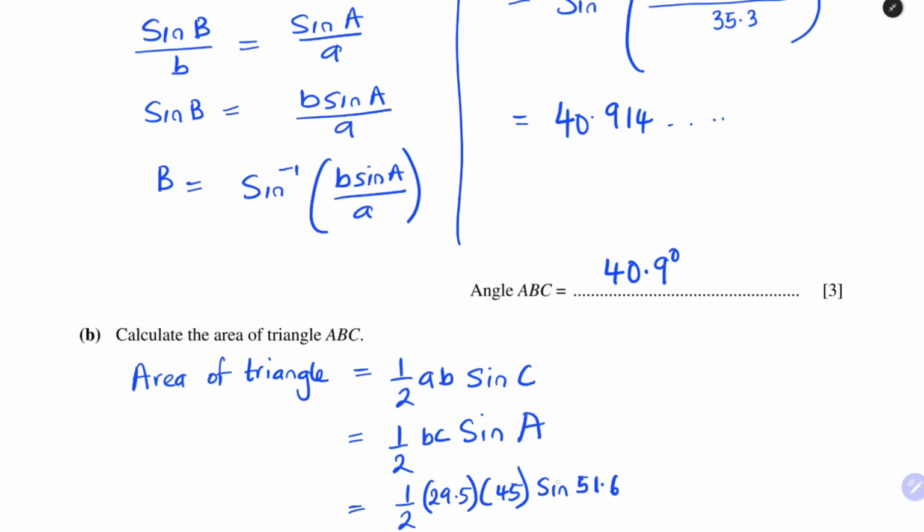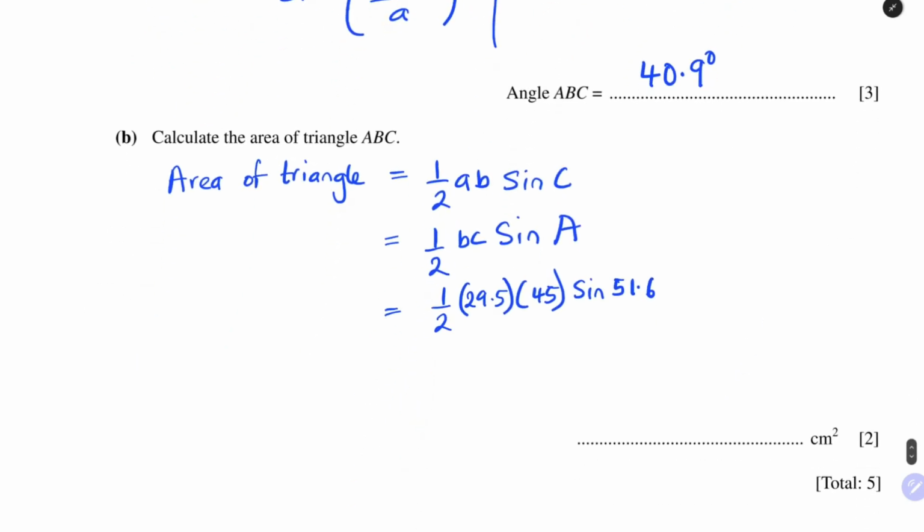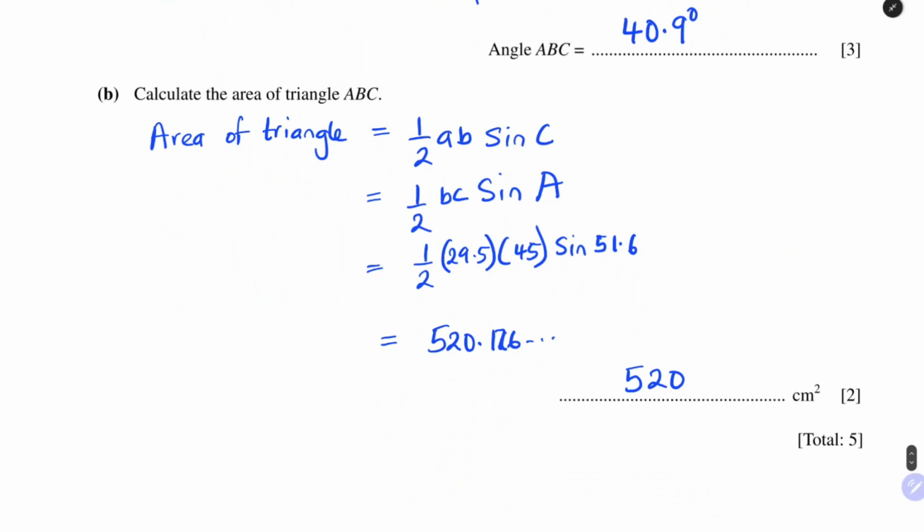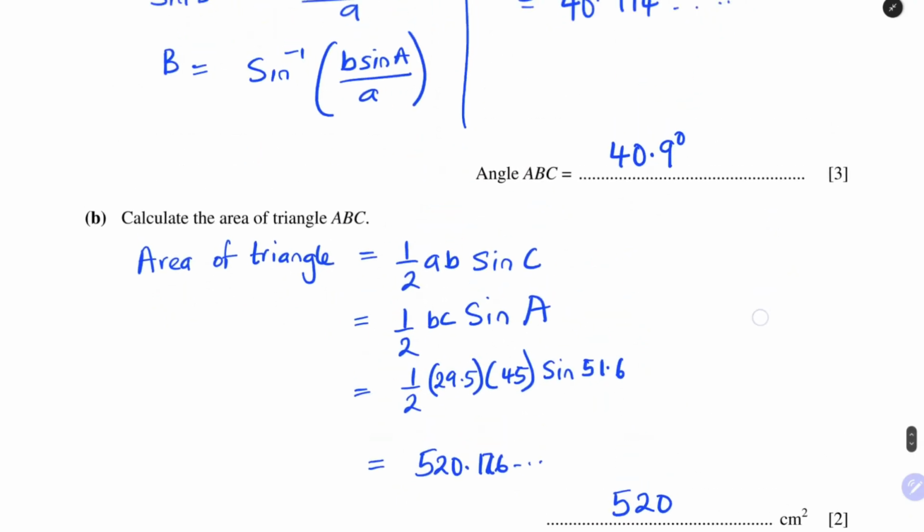So we evaluate this and it turns out to be 520.176 and so on. To three significant figures, our final answer is 520 centimeters squared. All right, so that is the answer to the area of the triangle.